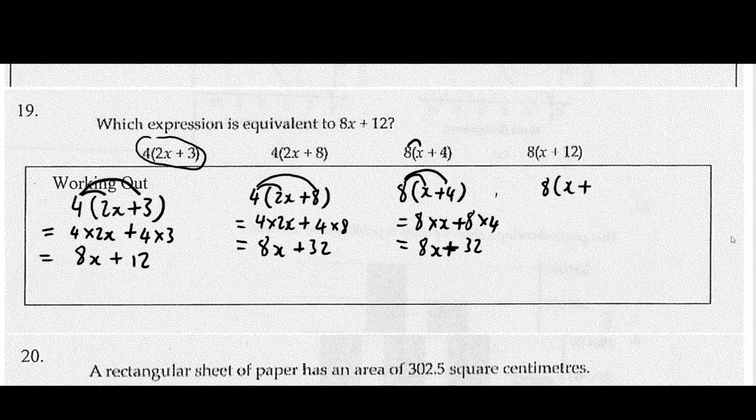We've got 8 bracket x plus 12. So 8 times x, 8x plus 8 times 12, 96. That's 8x plus 96. So yep, the first one is the one we want.